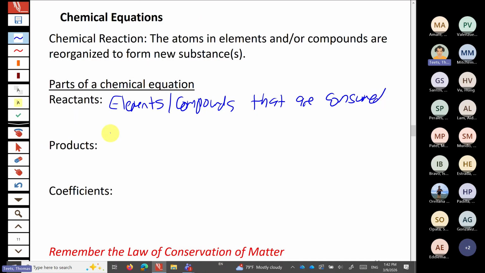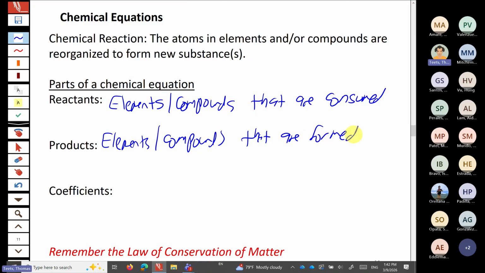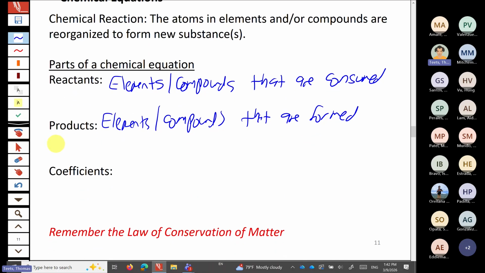The products are going to be the elements and or compounds that are formed. So these are the things that come out of a chemical reaction. Reactants go in, products come out. And then in a balanced equation, each reactant and product, sort of given as its chemical formula, is going to have a coefficient in front of it.